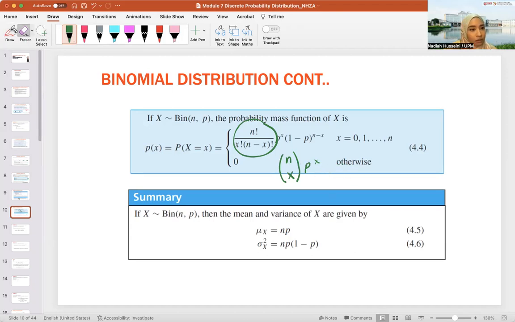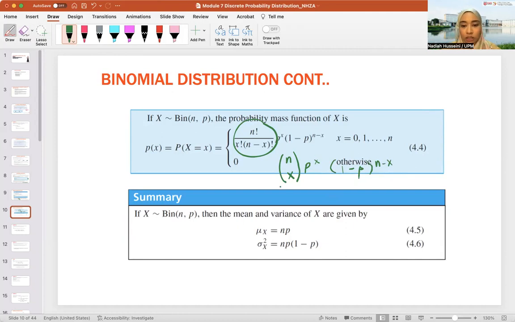It's (1 minus p) to the n minus x. Okay, so if you see this, don't get confused.